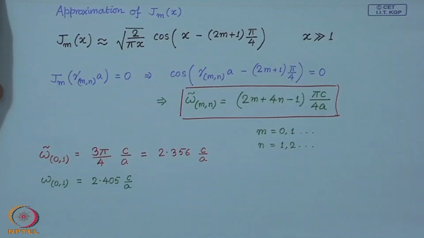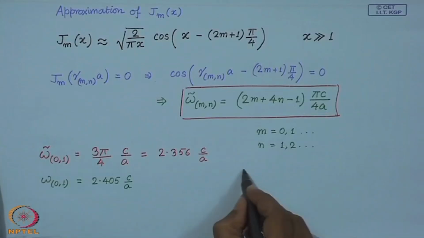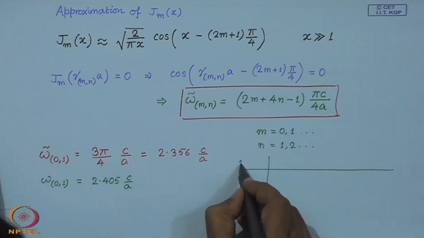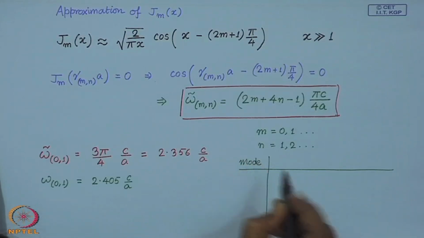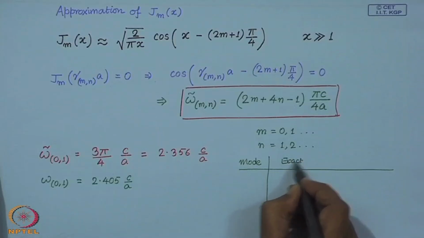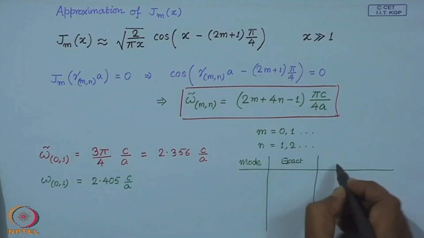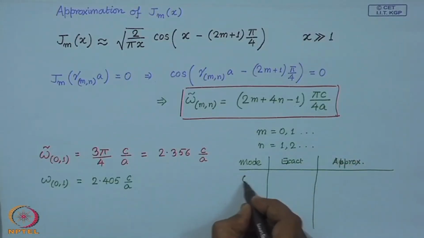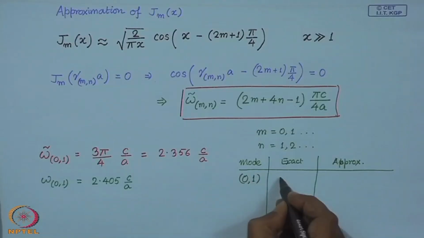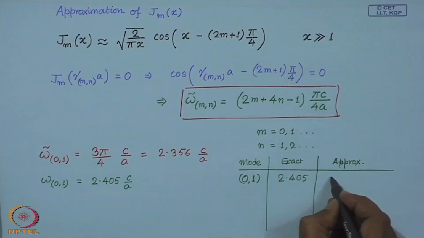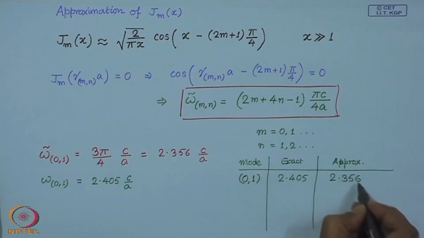So, for 0 1, this factor is 2.405, this factor is 2.356.